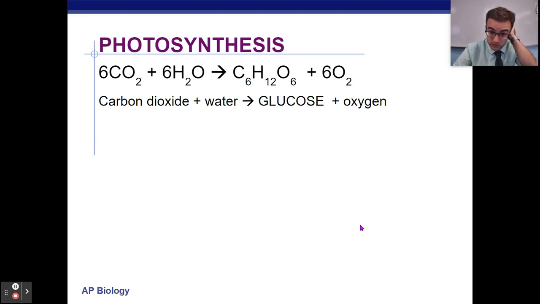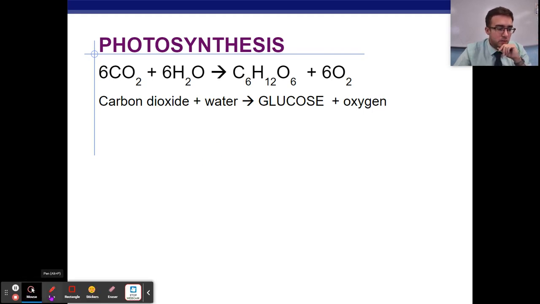So this is the equation for photosynthesis right here: carbon dioxide, water, and then we're going to make glucose and oxygen. As you can tell, we're missing the light here because the light is our energy input. But with that being said, let's talk about how each of these come into play.